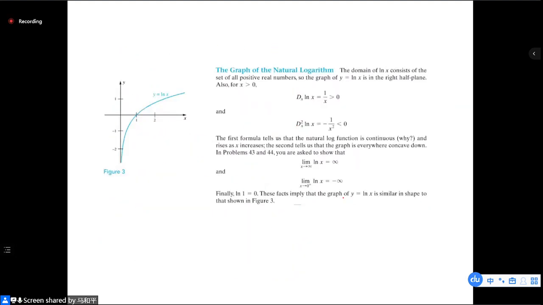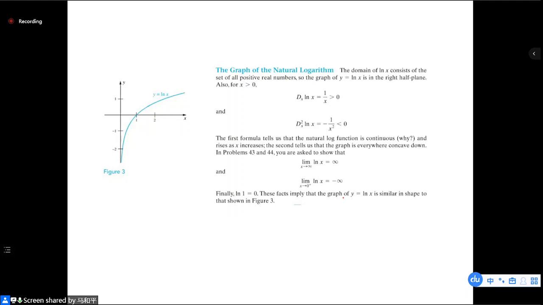Okay. Now we will give the graph of the natural log function. The domain of log x consists of the set of all positive real numbers. So the graph of y equals log x is in the right half plane. Also for x greater than 0, d/dx of log x is 1 over x, which is positive.